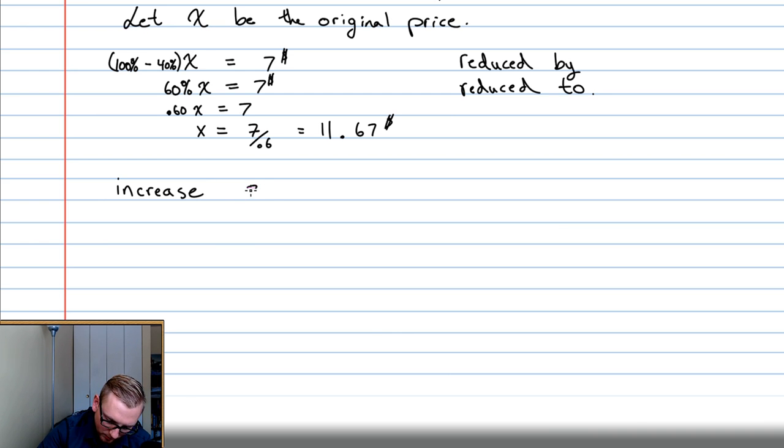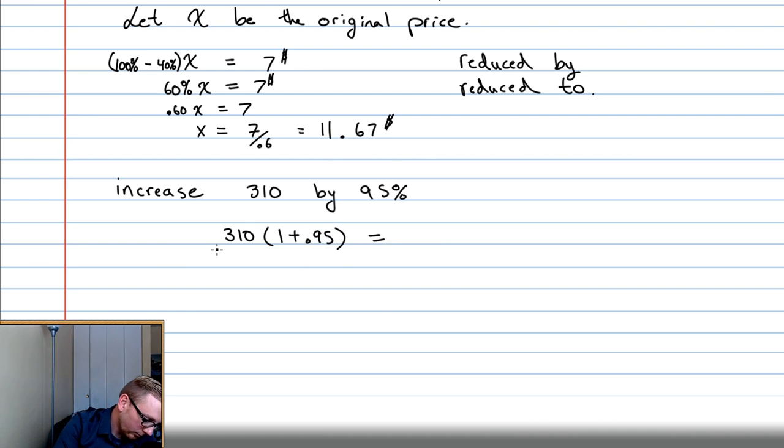I'm not sure if there's another way to really say it. Increase 310 by 95%. So it's like you wanted to go up 95%. Now, you're not going to times by 95% because that's actually reducing it, right? So you want it to go up by 95%. So 310 times 1 plus 0.95, which would be 604.5.